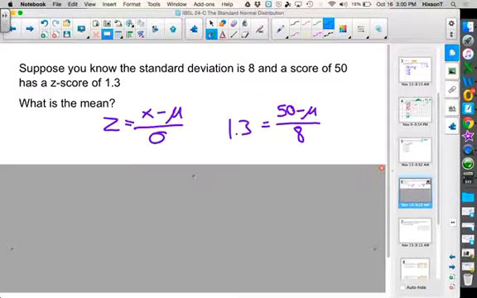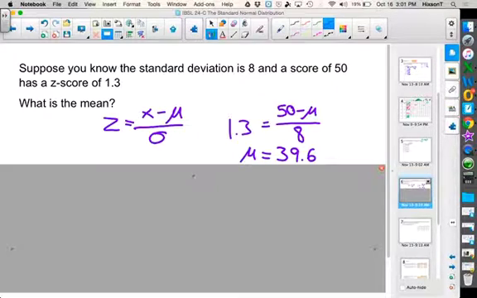So we can work our way through the algebra. It's basic algebra once we have it set up. Okay. So we multiply by 1.3. We're going to subtract that from 50. Okay. 1.3 times 8 is 10.4. So 50 minus 10.4 is going to be 39.6. Okay? So that would be our mean. You guys know how to do the algebra.